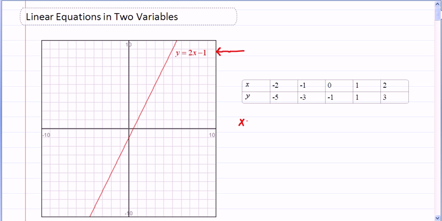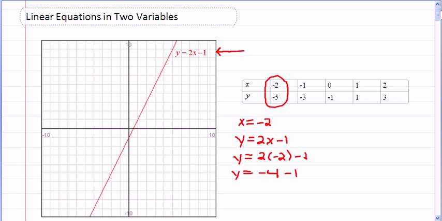So if I take the first one, x equals -2, this column right here, and I substitute it into y equals 2x minus 1, I have y equals 2 times -2 minus 1, which is -4 minus 1, and -4 minus 1 is equal to -5. So the answer that I get in the y row is just the coordinate.